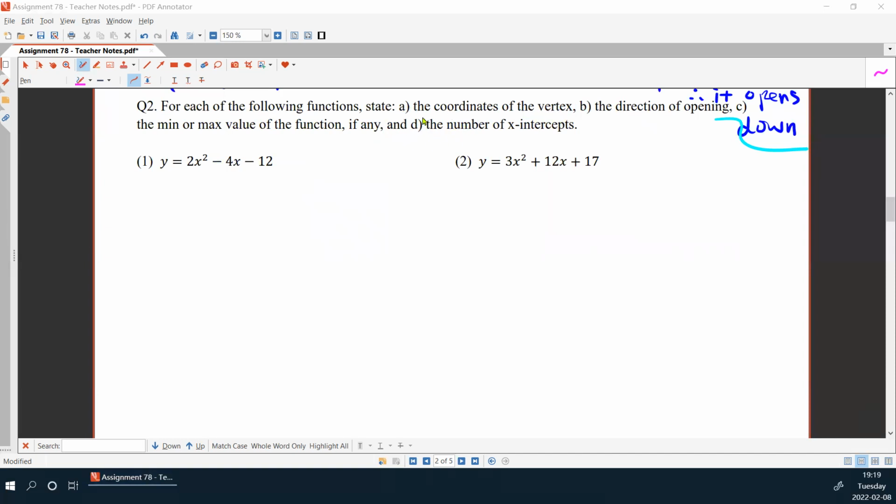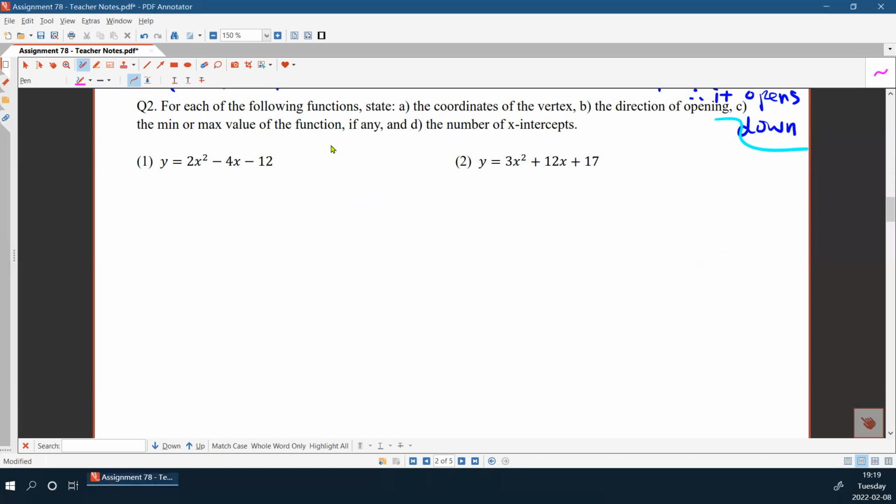So we can use the shortcut method to calculate the coordinates of the vertex first, right? So remember that for any quadratic function that is in the general form, the coordinates of the vertex can be calculated using this formula, right?